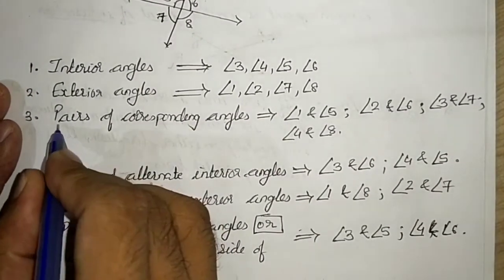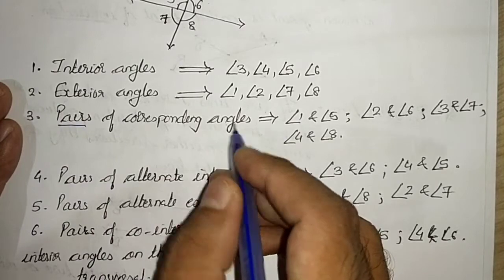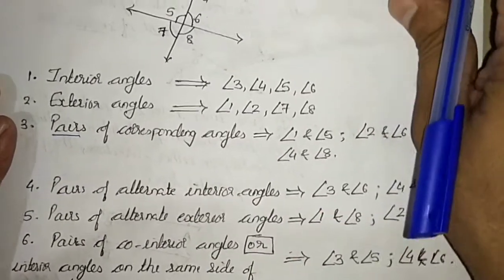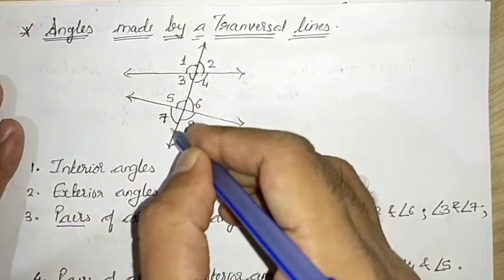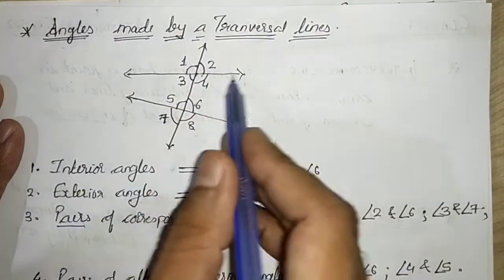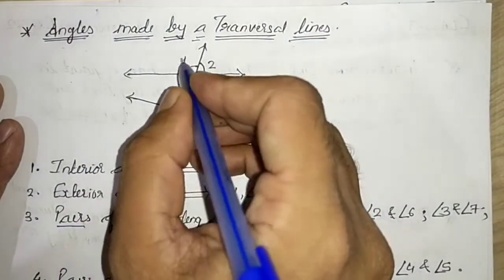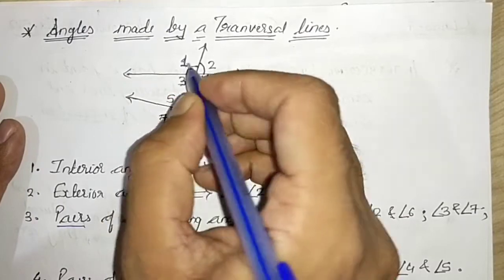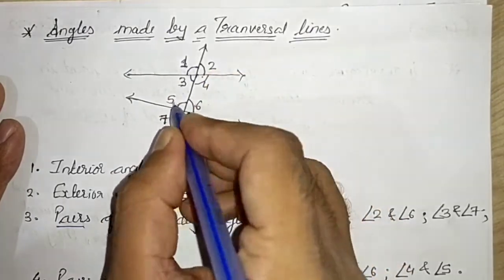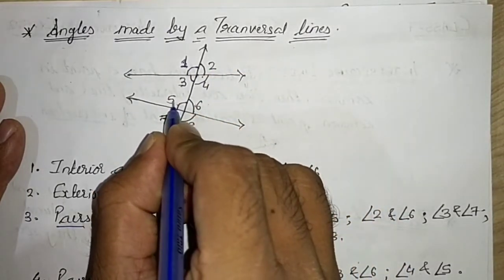Now pairs of corresponding angles. When a transversal intersects two lines, then angle 1, skip one angle. Angles 1 and 5 are called corresponding angles.